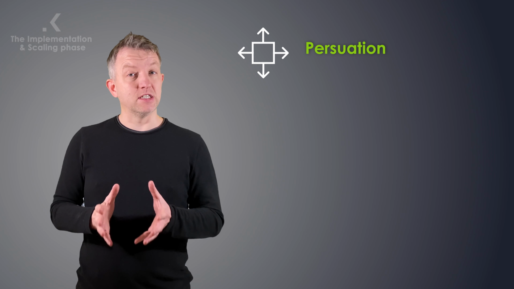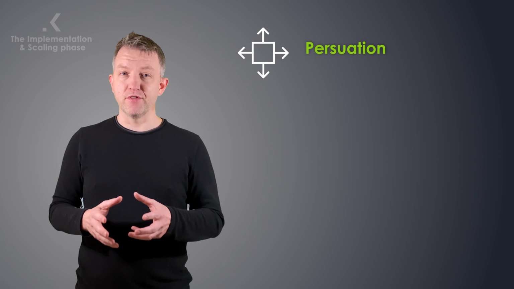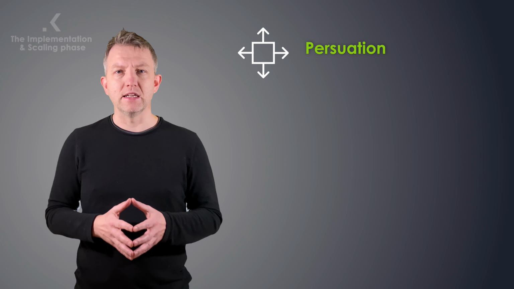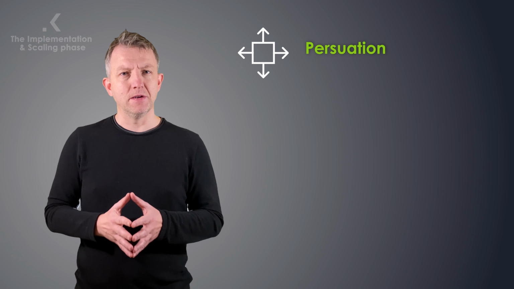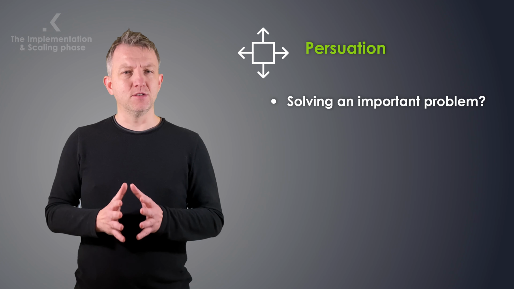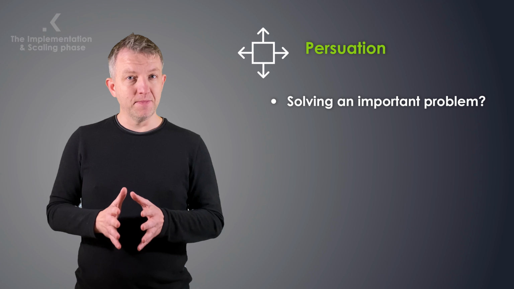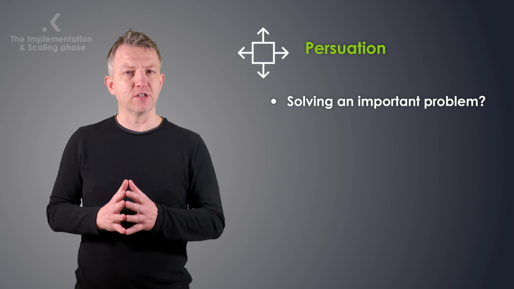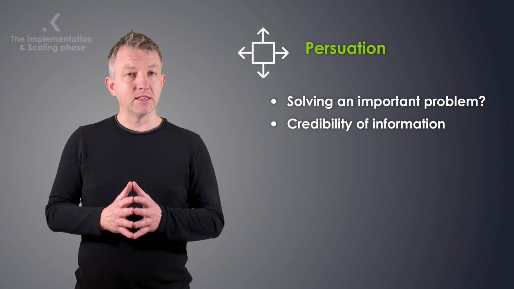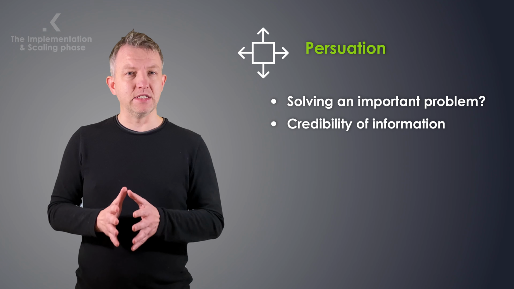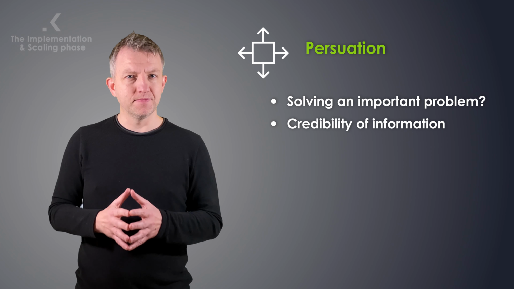In the persuasion stage, the users are building a favorable or unfavorable attitude towards your solution. They will consider elements such as if the solution is solving an important problem for them and if it is worth prioritizing, the credibility of all the information they receive surrounding the solution.